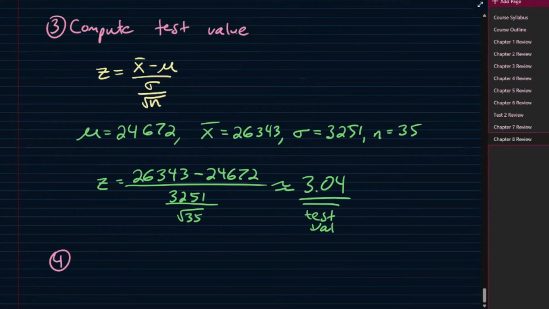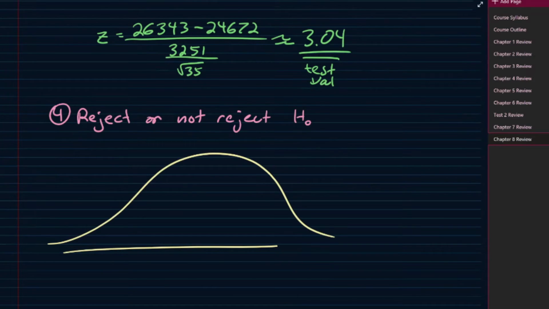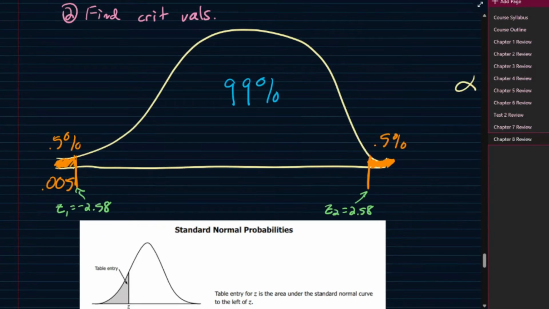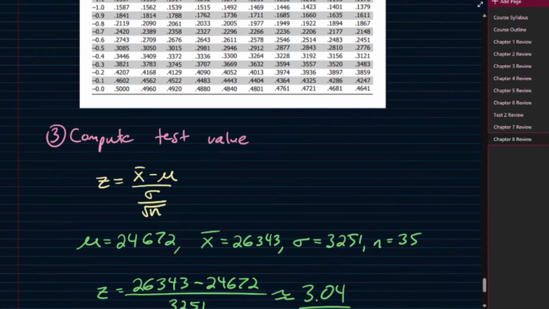Now we'll decide whether to reject or not reject. You don't have to draw the picture, but I guess it does help, so I'll just go ahead and do it anyway. We have our 2 critical z values here, negative 2.58 and 2.58.